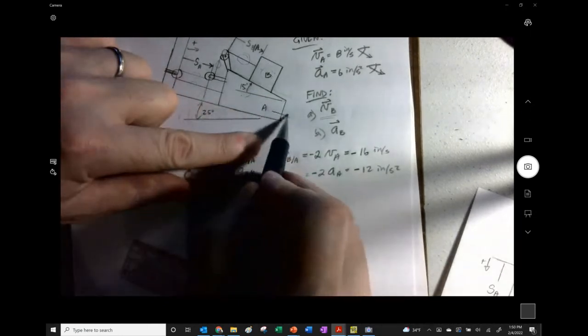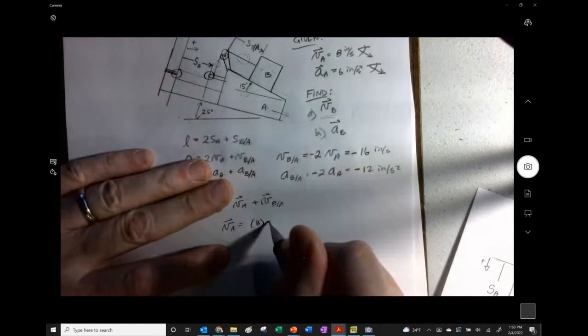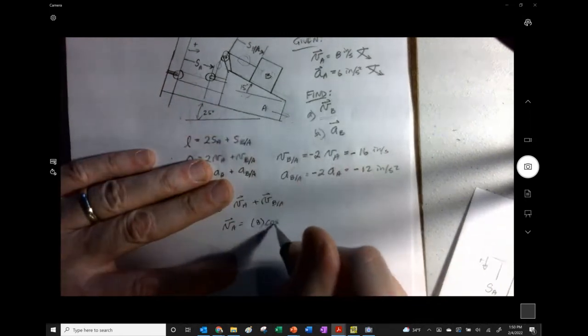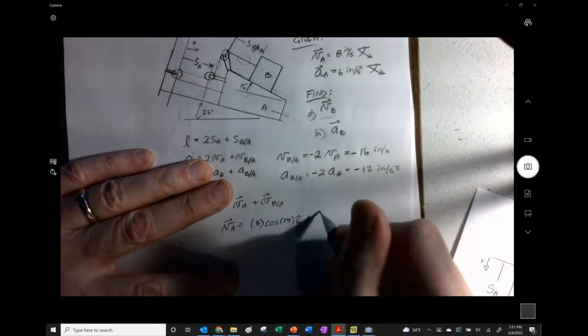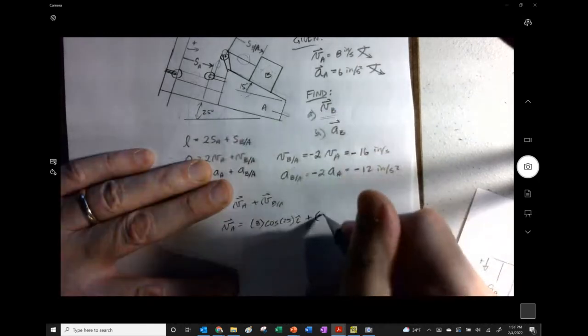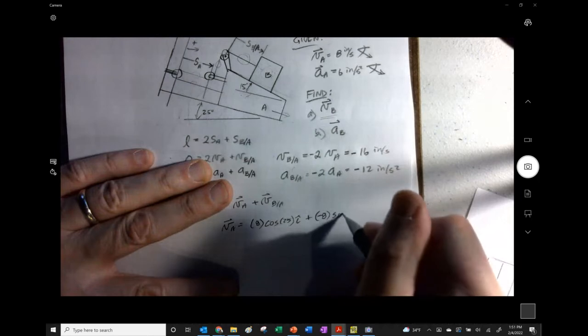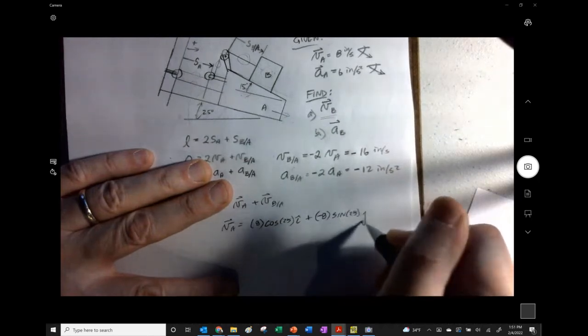We said it's coming down this way right here. 8 times the cosine of 25i plus, but that's also going down, so it's negative 8 times the sine of 25j.